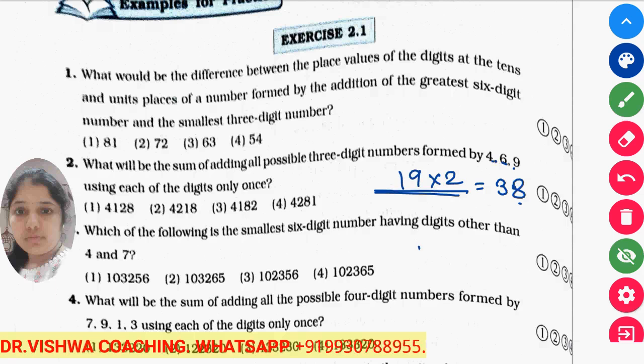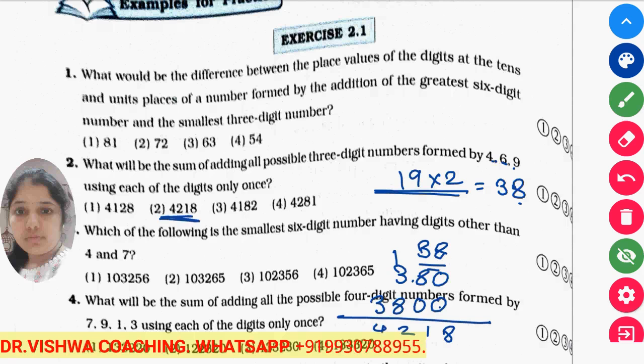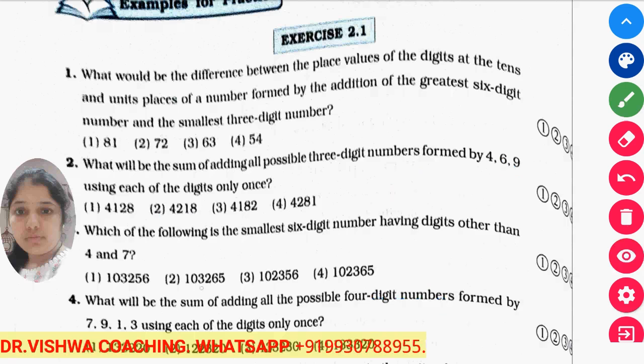Okay. Now 38 is the total of unit place, 380 is the total of tens place, and 3800 is the total of 100 place. So add them. 8 plus 3, 11, 1 will be carried forward, it becomes 12. 4218 is your answer. Okay.